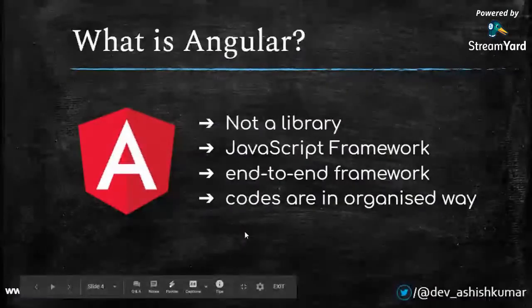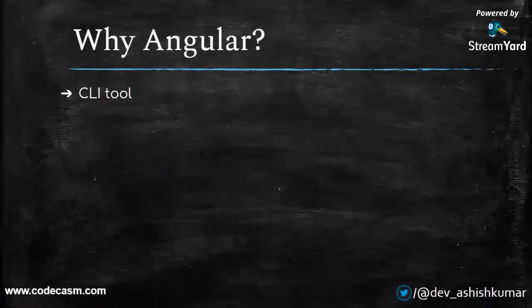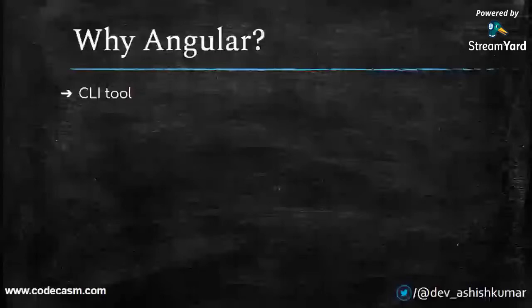Going ahead to the next slide. Why Angular? Angular provides some good features like the CLI tool. For creating an Angular project, we require many configuration files, an app folder, and an app structure, so creating it manually can be a pain.